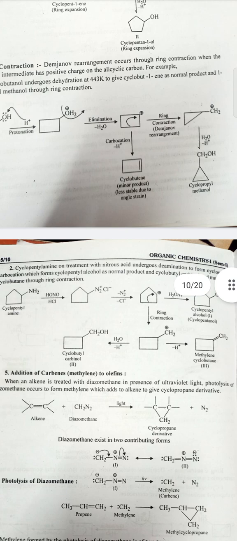Number 2. Cyclopentylamine when treated with nitrous acid undergoes deamination to form cyclopentyl carbocation, which forms cyclopentyl alcohol as normal product and cyclobutyl carbinol and methylene cyclobutane through ring contraction.